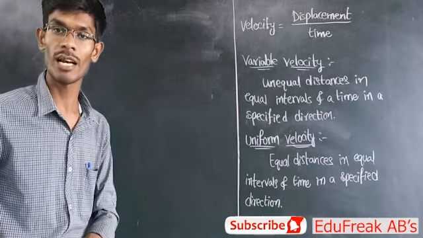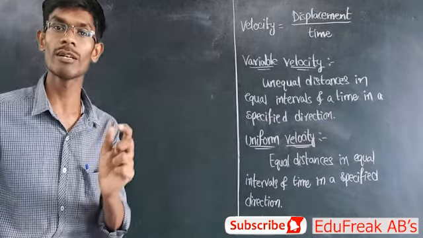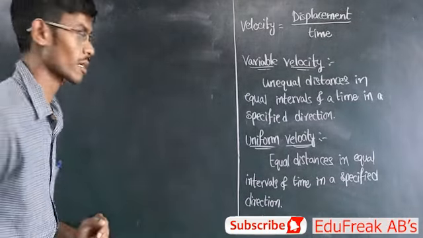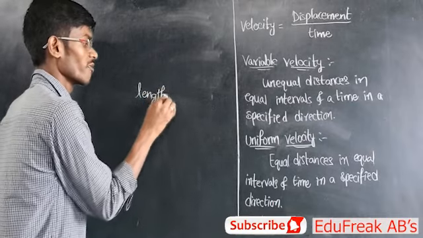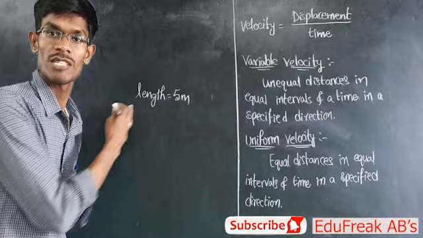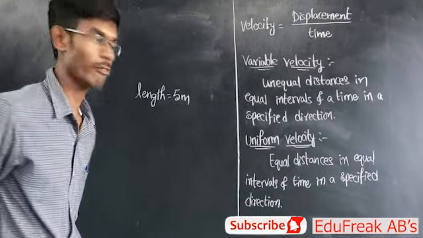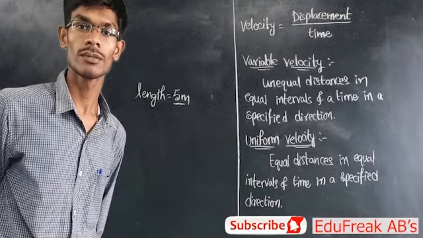What is a vector physical quantity? I have told you that it is a physical quantity which has both magnitude and direction. Suppose I consider length: if I just represent 5 meters alone, this gives us a scalar quantity, because here we have only the magnitude.